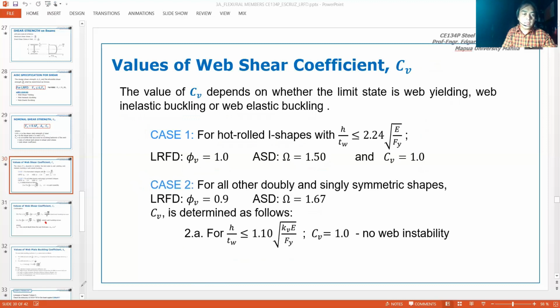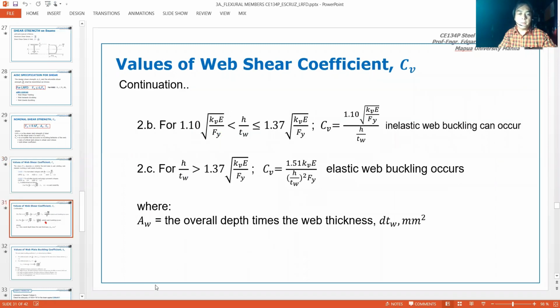Okay, so yung next natin is ito yung case 2B. For case 2B, you have to check this equation if it would be satisfied.